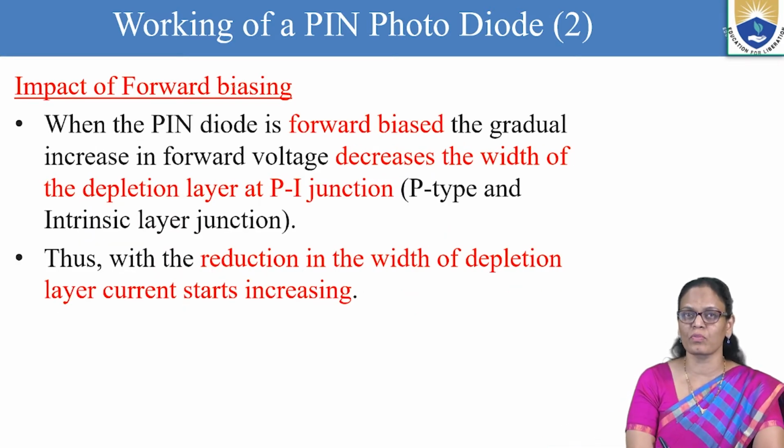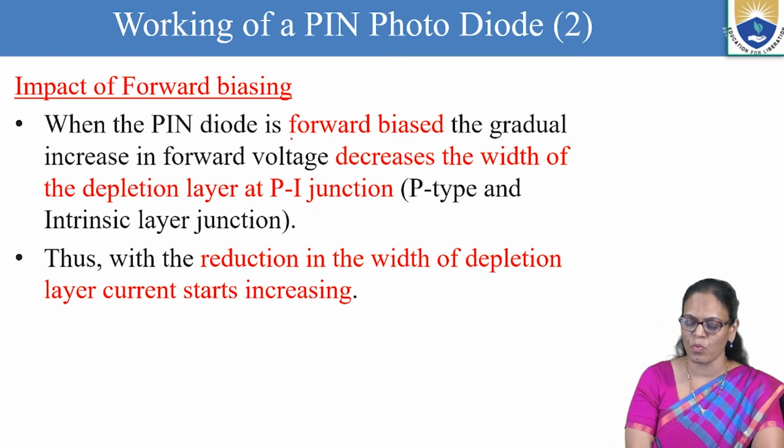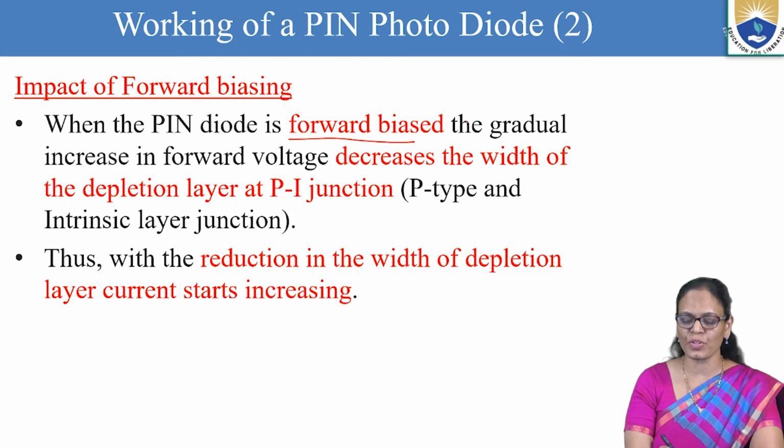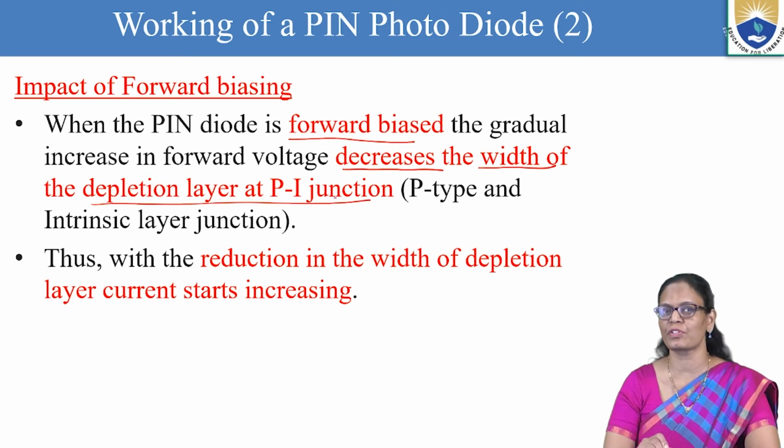Now coming to the forward bias. So when this PIN diode is connected in forward bias, what happens? The gradual increase in forward voltage decreases the width of the depletion layer. So this is also one important point we have to remember.